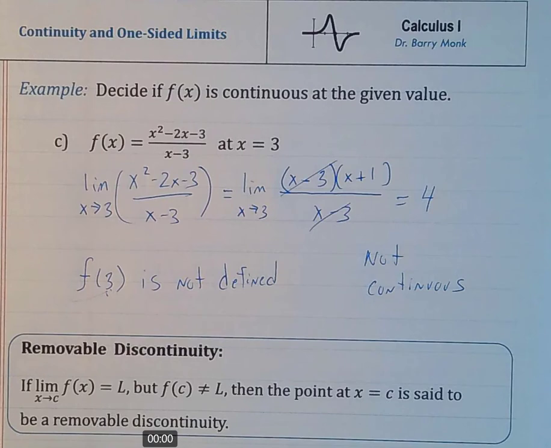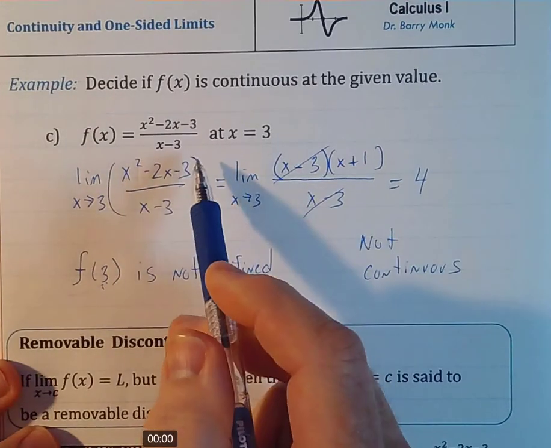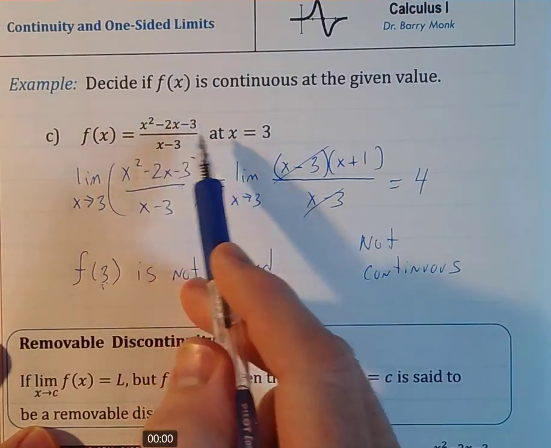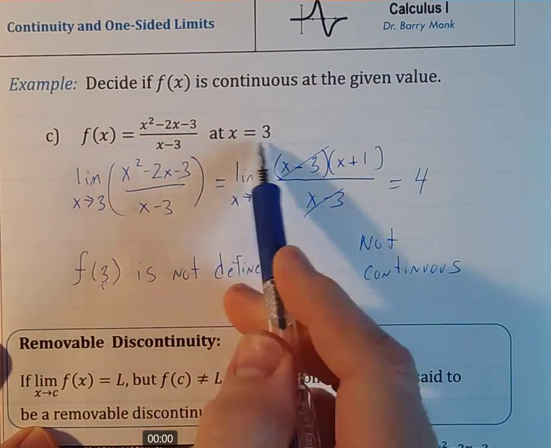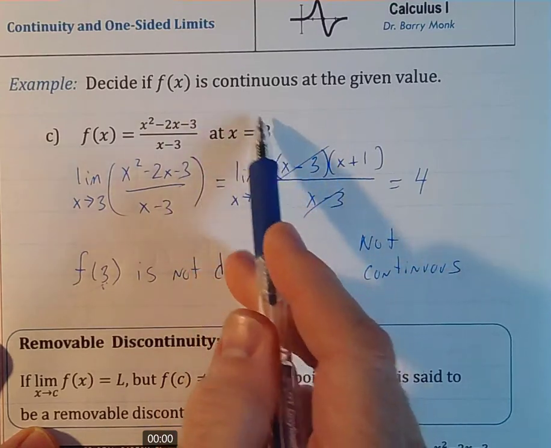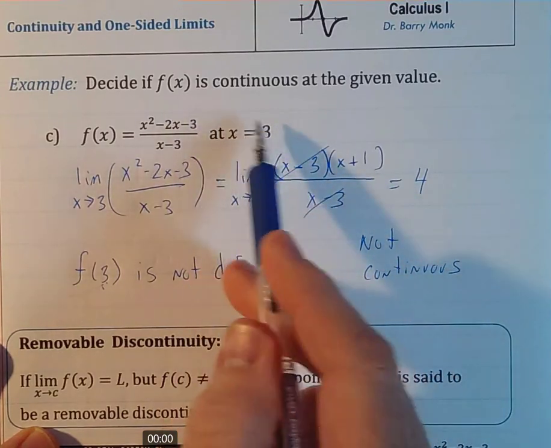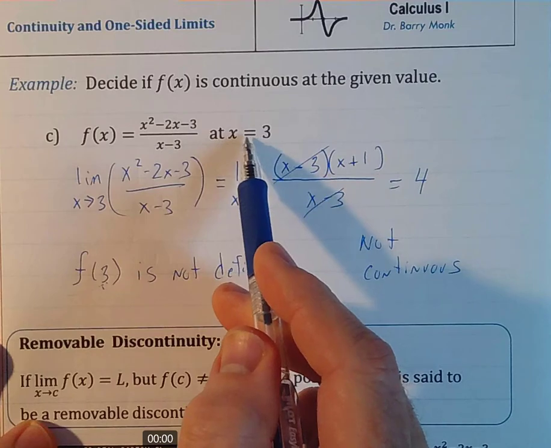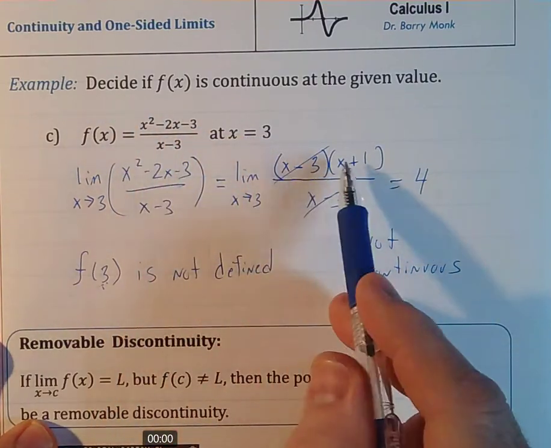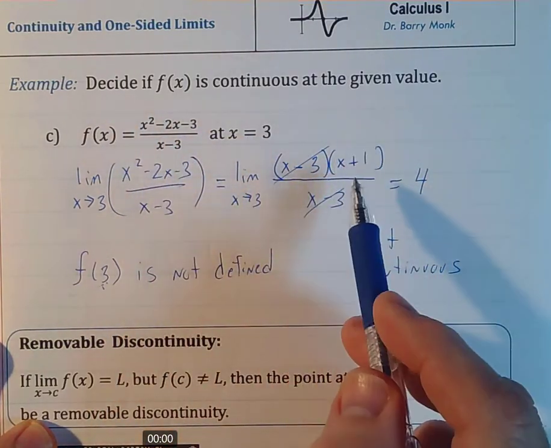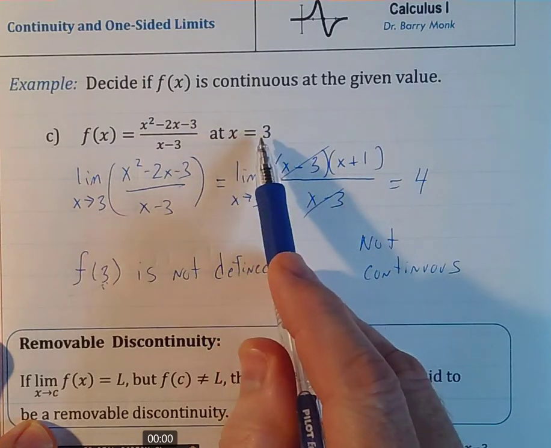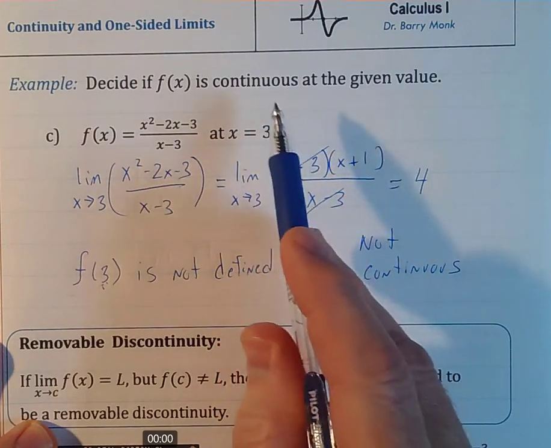Okay, now if we were to go in here and look at this graph, what we would see is that this function is defined for everything except for that one value right here at x equals 3. That one value is the one where it's not defined. In fact, the graph would look like x plus 1. It would just be a line, but at x equals 3, there'd be a hole in the graph.